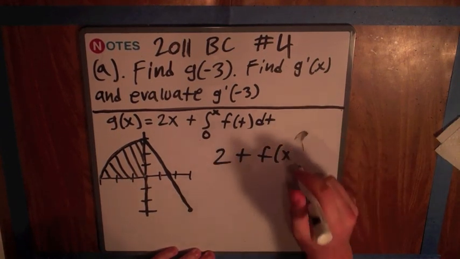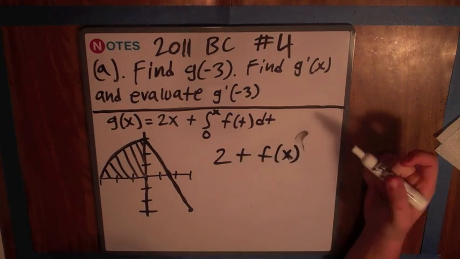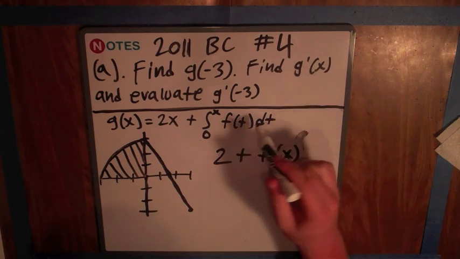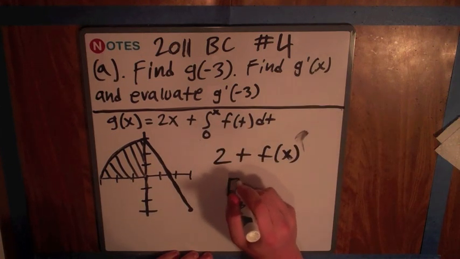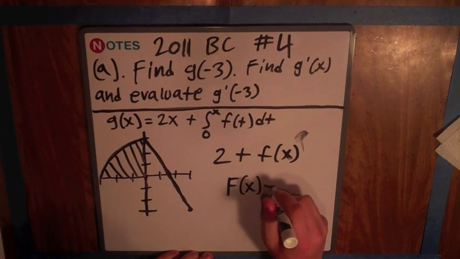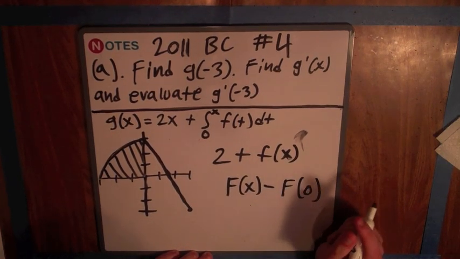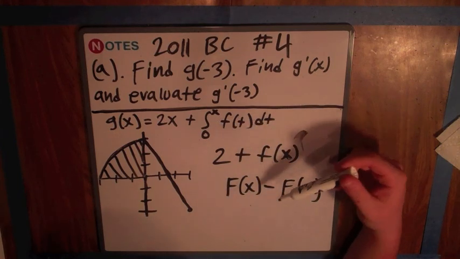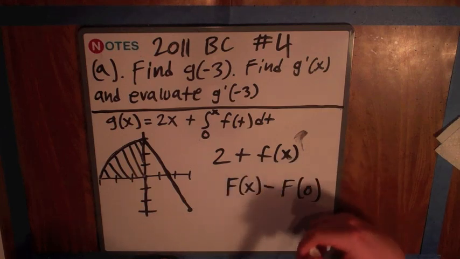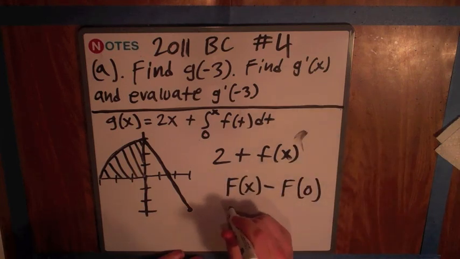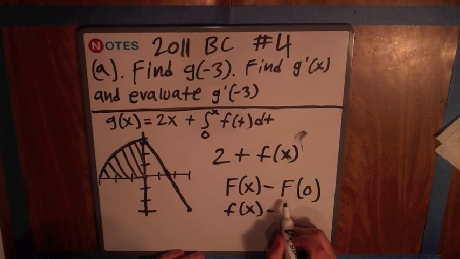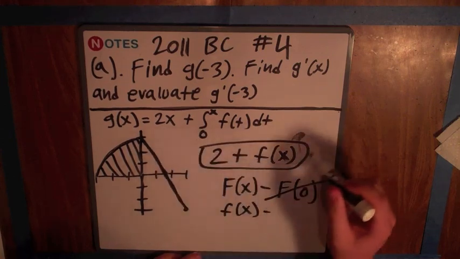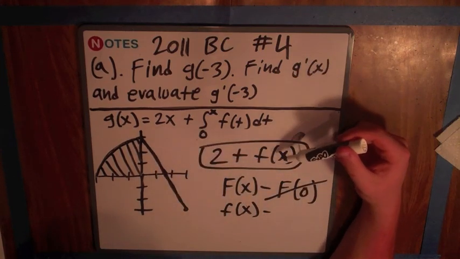The reason being that if you were to integrate this and then take the derivative, this integrated first will be F of x minus F of 0, and these are capitalized, showing that this has been integrated. Then you would take the derivative of this, because it's asking for the derivative, you would get f of x minus this, which cancels, thus leaving just f of x. So this is g prime of x.